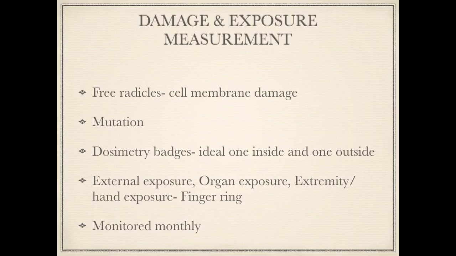So ideally, having one badge inside and one outside is the best option, because the one outside would measure the external exposure and the one inside would measure the organ exposure. Besides these, you've also got the extremity or hand exposure rings, which I've not seen being used very often, but yes, they are available. These badges are monitored monthly or every 2 months, depending on the organization and the rules they have. And your hospital should be keeping a track of your radiation exposure.